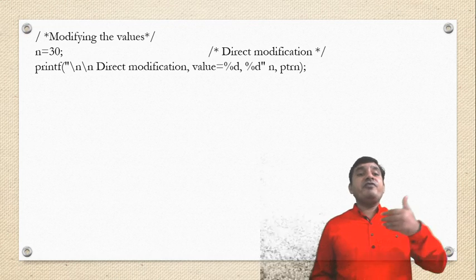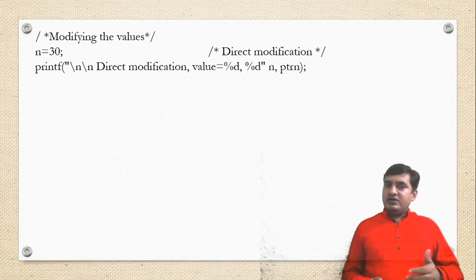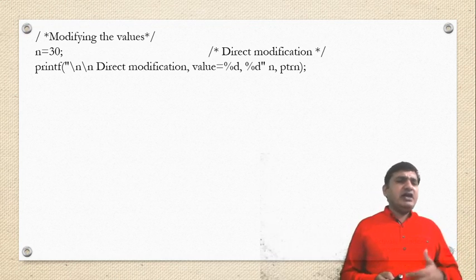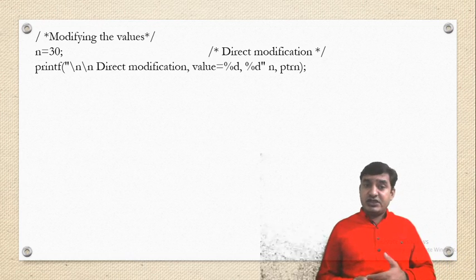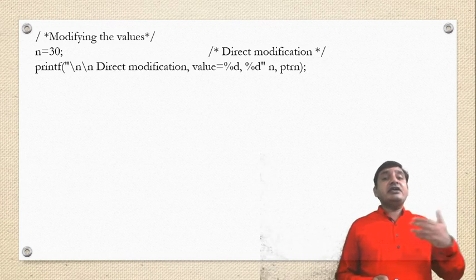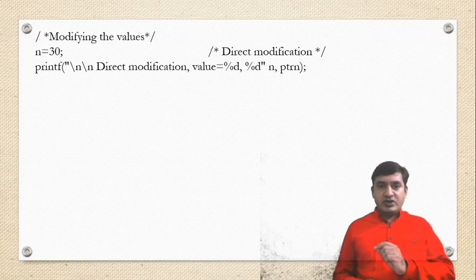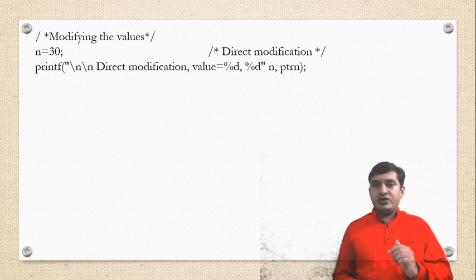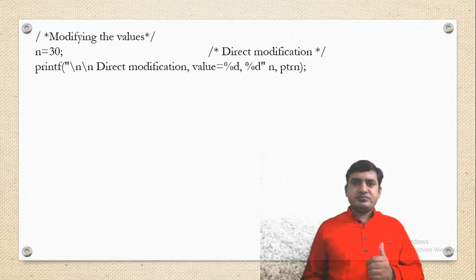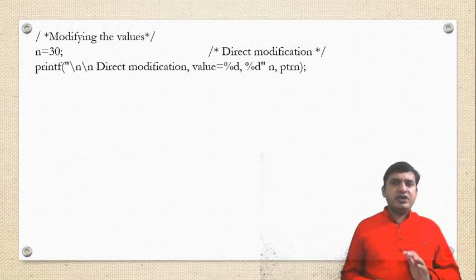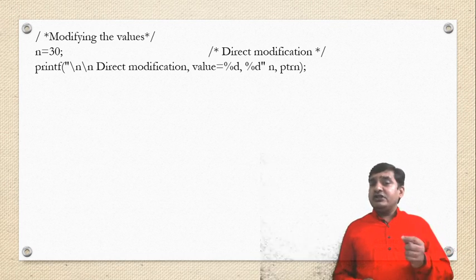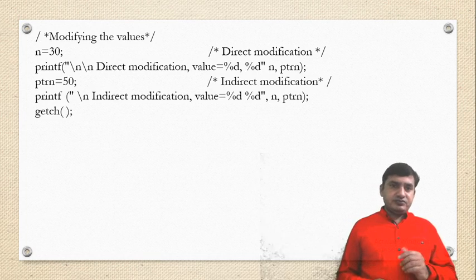Okay, now modifying the value. Now we have to change the value, and for that we consider n is equal to 30. Direct modification, value is equal to %d, %d, n and *pointer n, which is used to display the value of n and the pointer n.